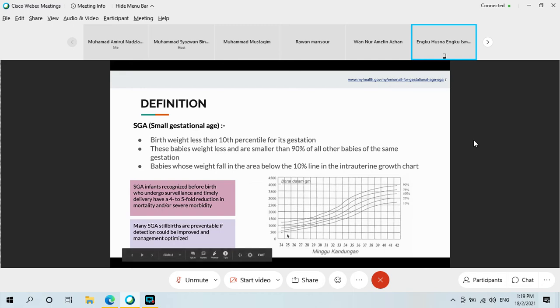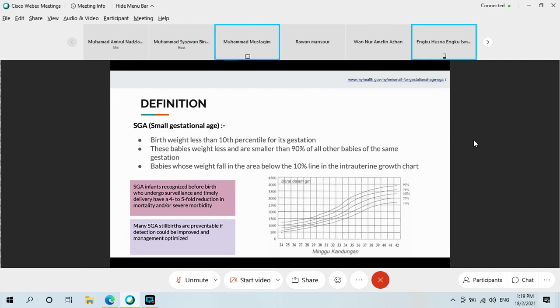Faham? Faham ke? Faham. Okay. Kalau below than 10 centile, you cut but growing, maksudnya dia growing along the centile, maksudnya dia tak static lah, dia increasing macam tu tapi still below than 10 centile, you can say this is SGA.